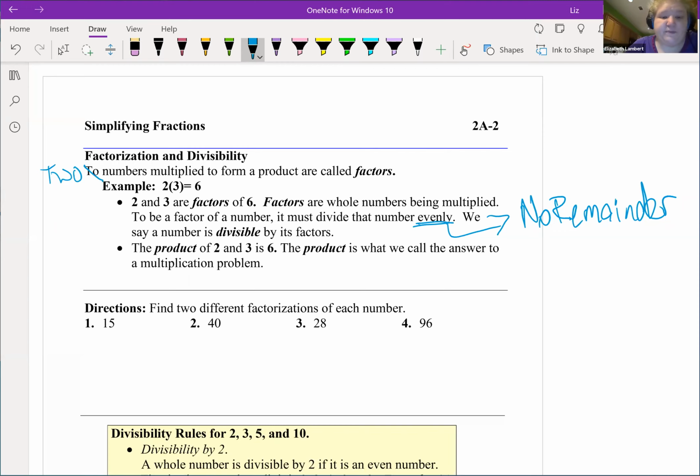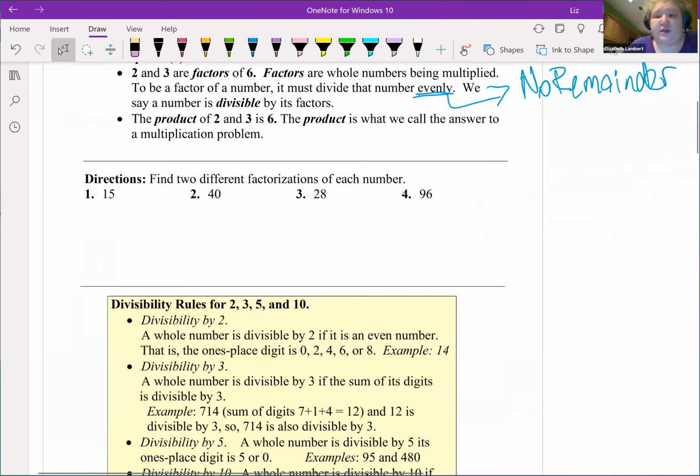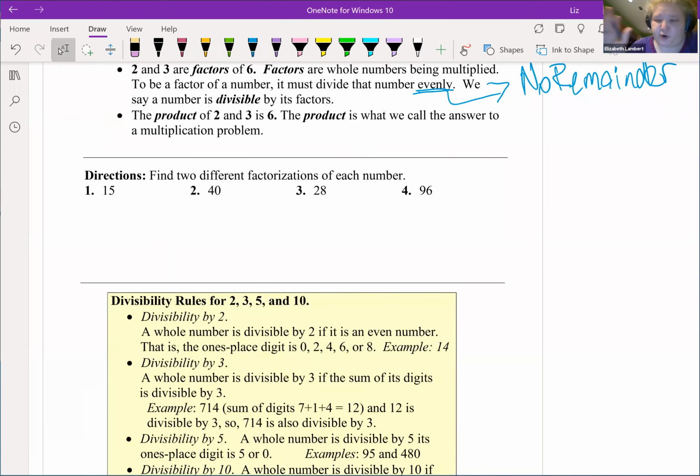Okay. So two different factorizations of each number. I'm going to assume this means two different pairs of numbers, not the same pair flipped. So with every number, including prime numbers, which are numbers that only have itself and the number 1 as factors, nothing else divides nicely into it.